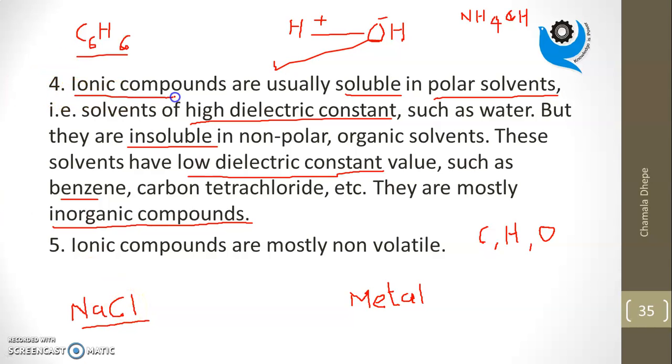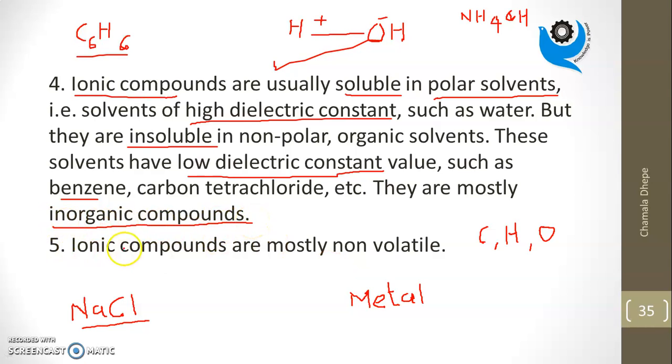Hence, ionic compounds are inorganic compounds. Okay, you are getting the difference between organic and inorganic. Organic means it consists of mostly carbon, hydrogen and oxygen. And inorganic means it consists of metal, non-metal and metalloid, that we are going to call inorganic.